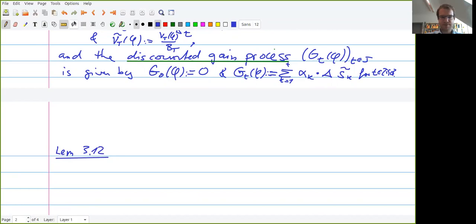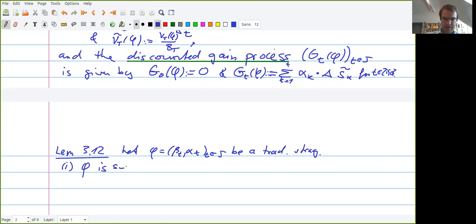So let's consider a trading strategy. Okay, then the property of phi being self-financing can be equivalently formulated with respect to this discounted price process.